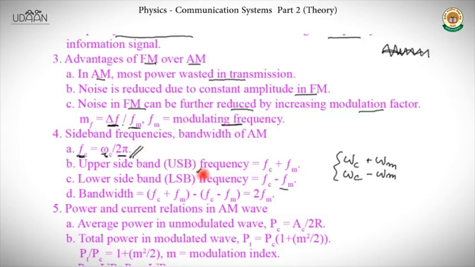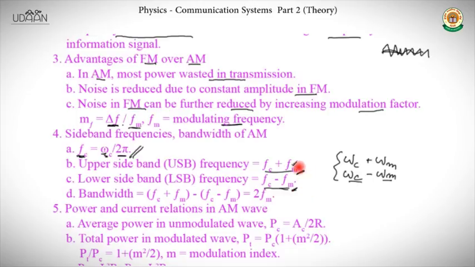Right. So the upper sideband frequency is this, and the lower sideband frequency is this, as I already showed using omega terms. Upper sideband and lower sideband are slightly new terms for you, but these are terms that you need to get used to, and they don't have any complicated meaning. They're just the sidebands that arise when you modulate a signal. And you can easily see in the math that these two terms arise because of the introduction of this FM term.